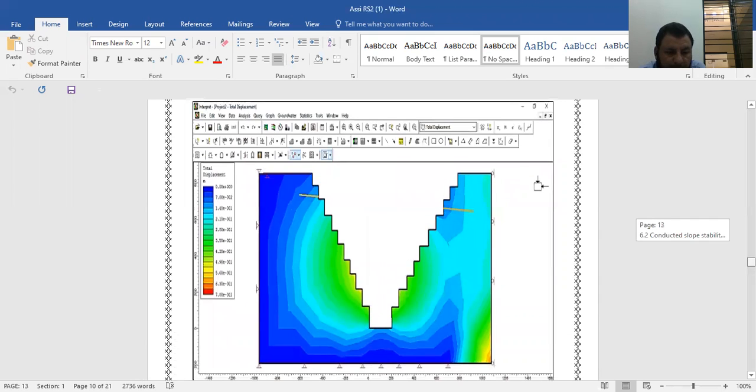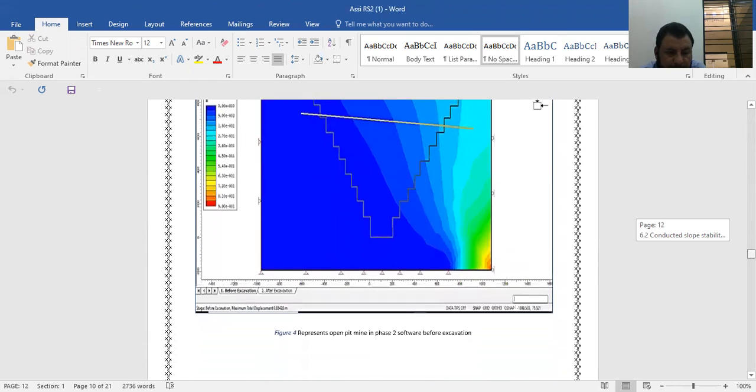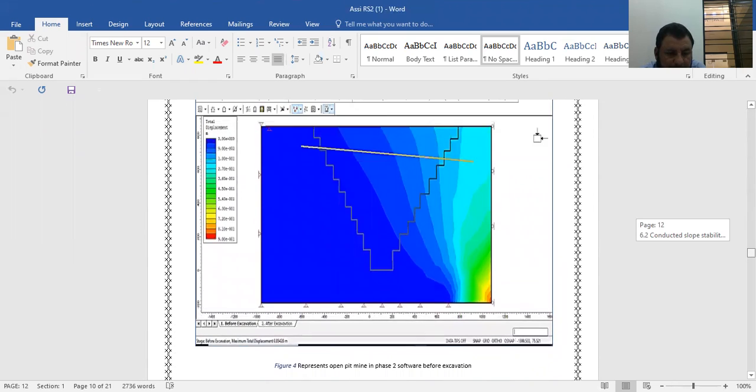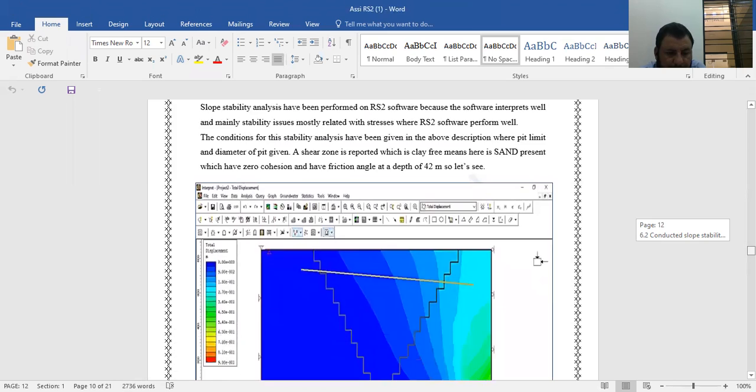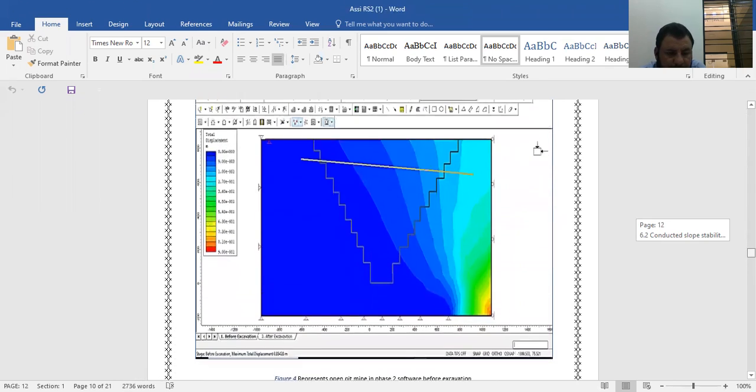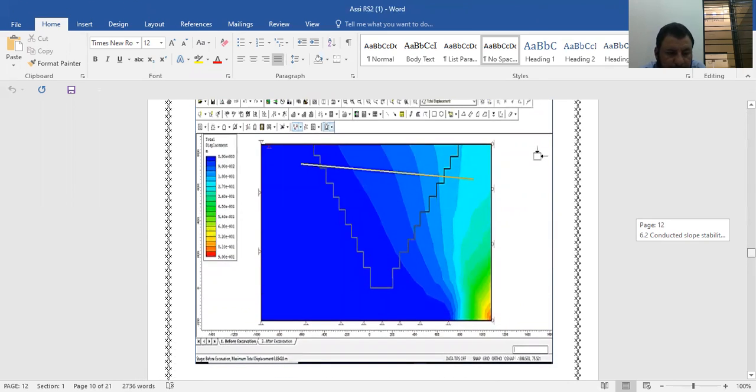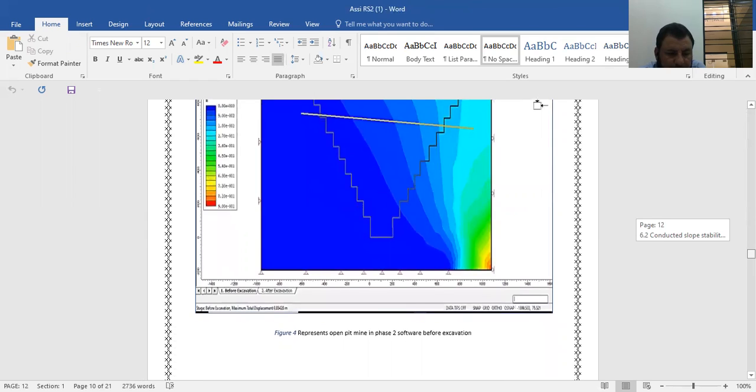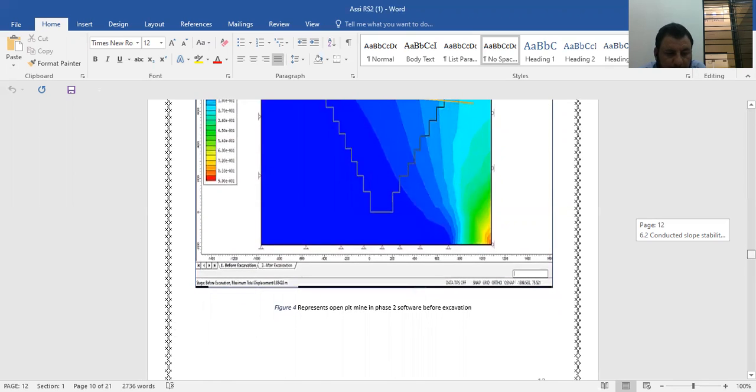The above two figures represent the total displacement which occurs in the open pit mine after excavation. The total displacement mostly happens below the shear zone, mostly at the bottom of the pit. So we can conclude the pit is in dangerous condition below the shear zones. Second, the most problematic areas are exposed in the above figures.